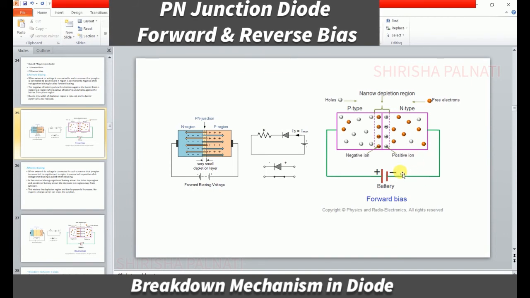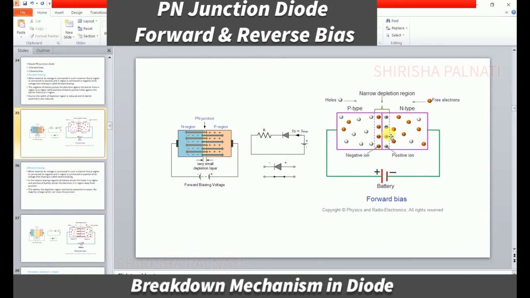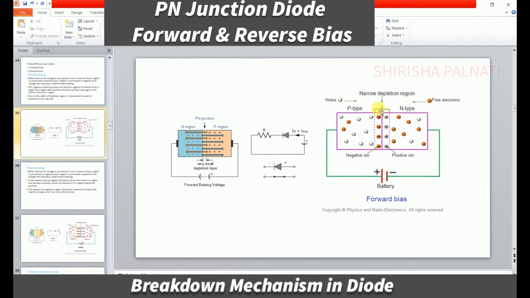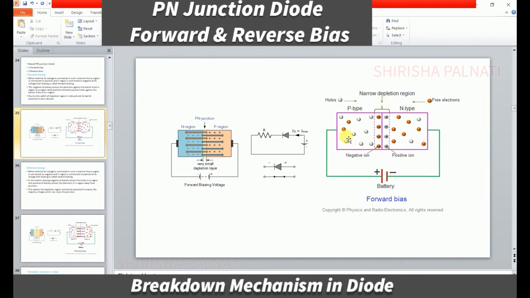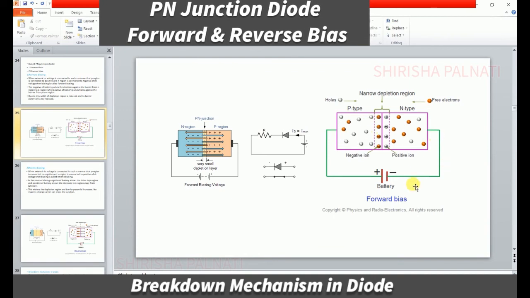The majority charge holes are moving to the P type. Then the depletion region layer becomes narrow, meaning the depletion region is reduced. So the current flows easily in the forward bias of this PN junction diode.